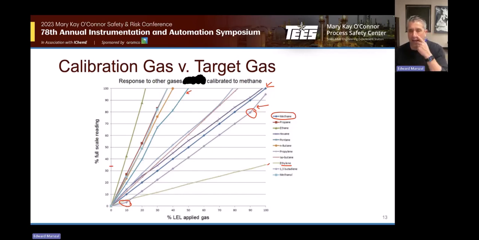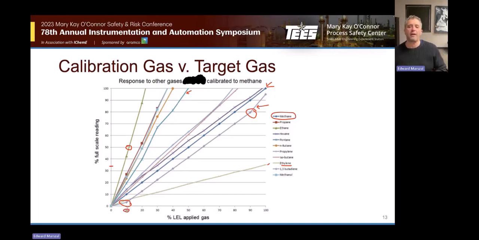If you're calibrating to 50% methane, but you're trying to detect ethane, your values are going to be dramatically different. So a 50% reading from an ethylene detector calibrated this way is only actually 10%.